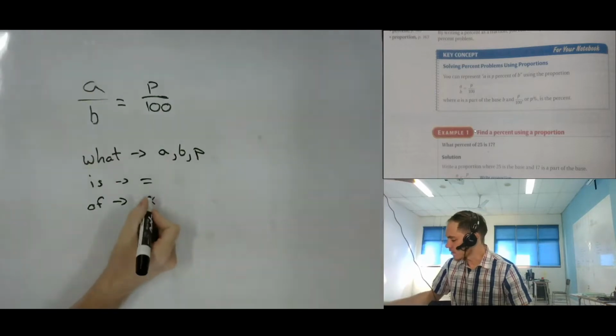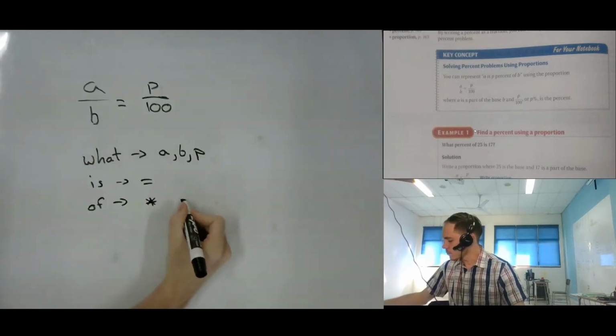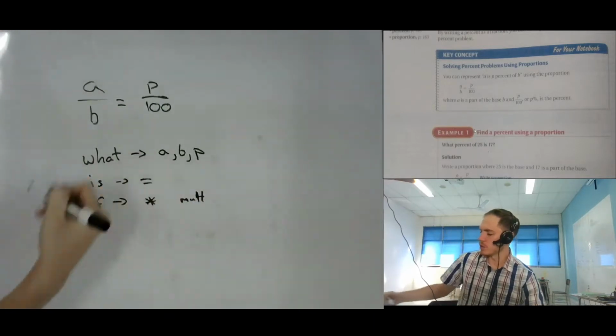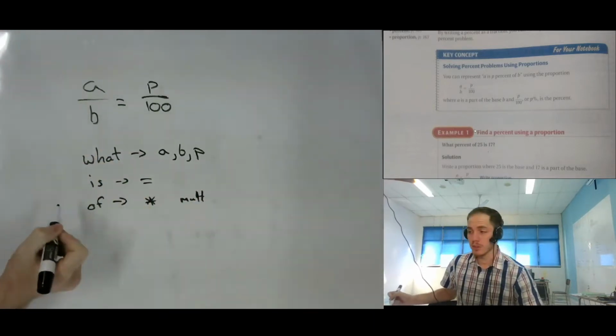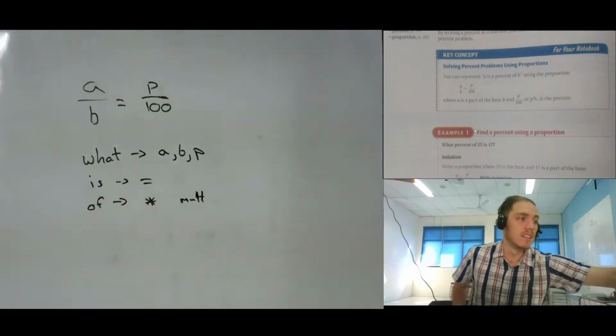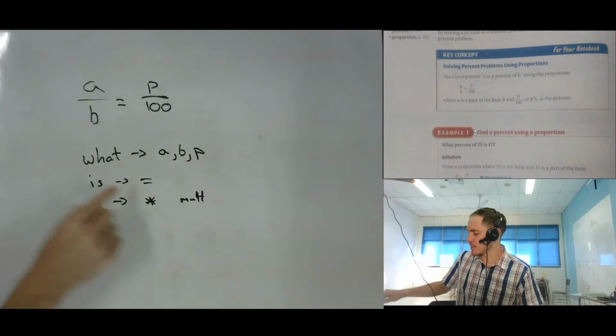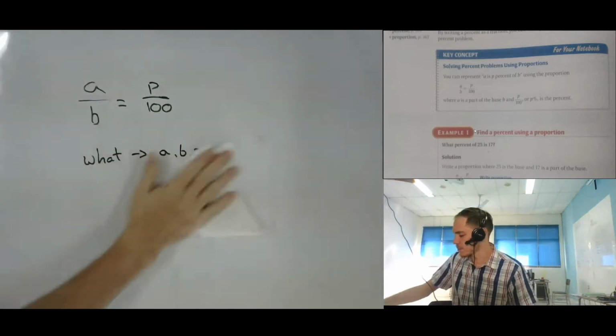There's a multiplication right here. So when you're reading it, these are our key terms: what is a variable, is is an equals, and of is multiplication.